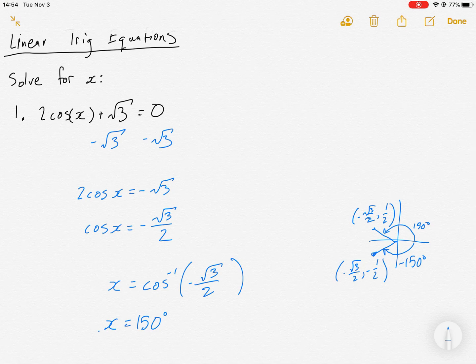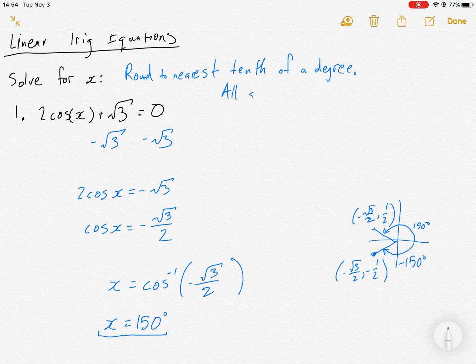I want to make sure you understand that this is the answer, but I'm going to say round to the nearest tenth of a degree, and also all solutions in the interval from 0 to 360.